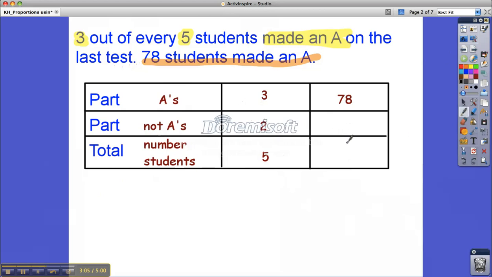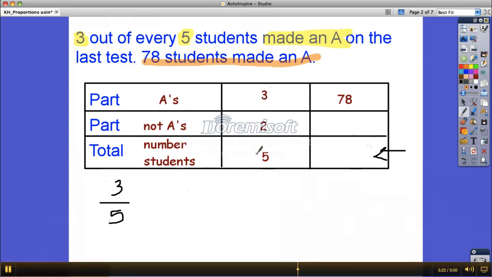Now we've got to decide what we can fill out for not A's or for the total number of students. Depending on which one you want to answer, you can set up a different proportion. Let's answer the total number of students first. My proportion would say there are 3 students who made A's for a total of 5, so 3 with 5 because I'm comparing A's to total.